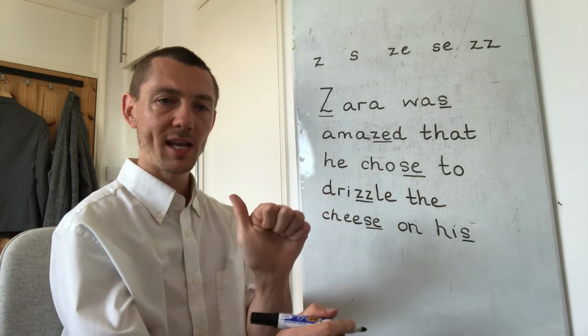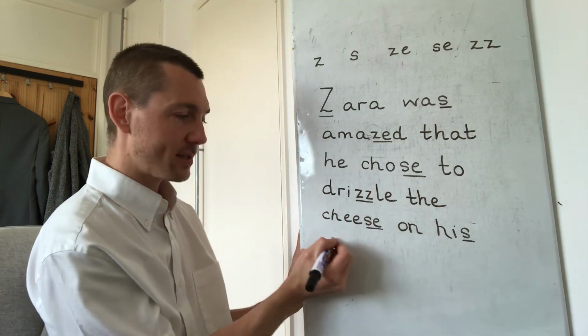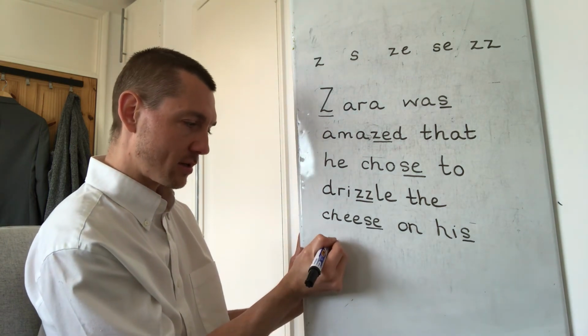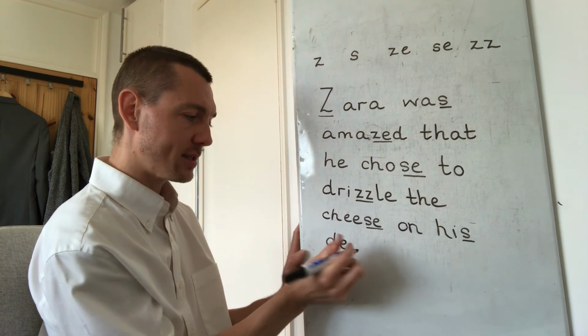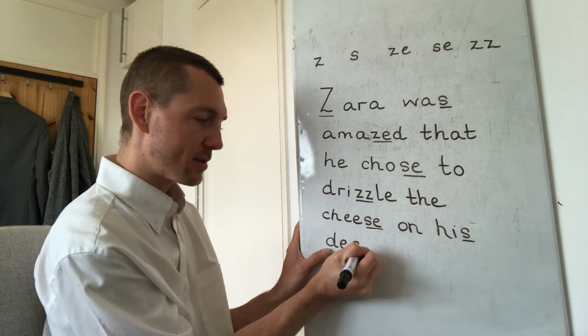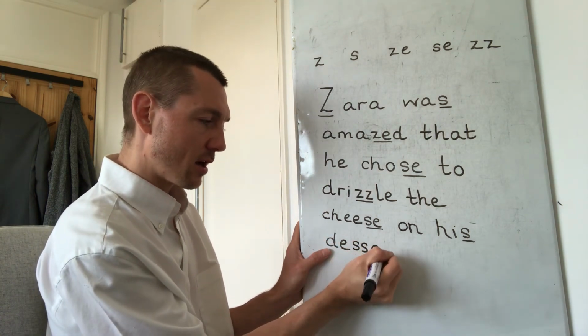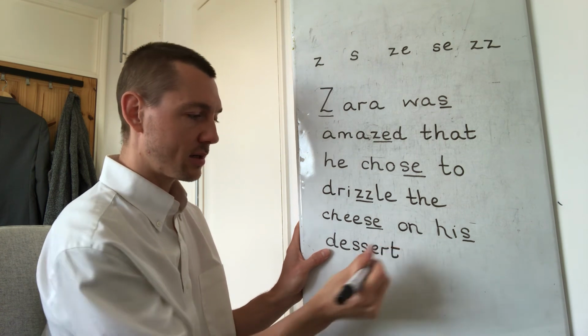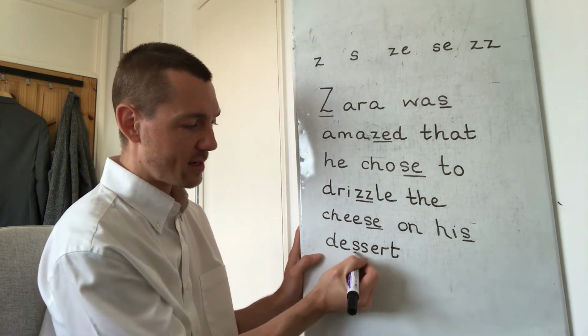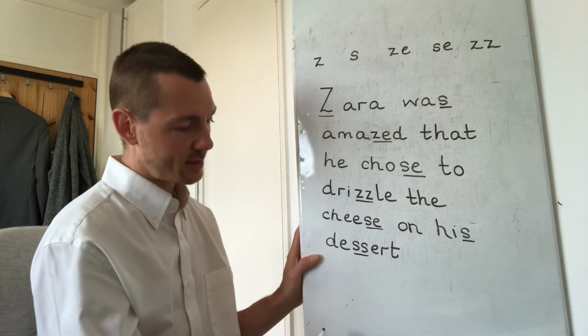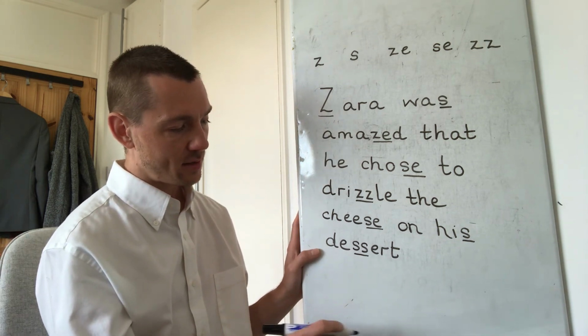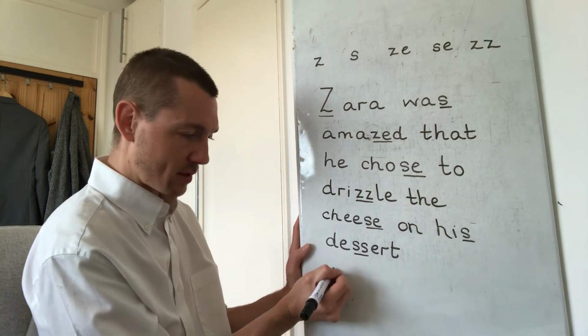Two syllables. Dessert. Dessert. D, e, z, t, zert. Dessert. Dessert. Now be careful because a very similarly spelt word is this.